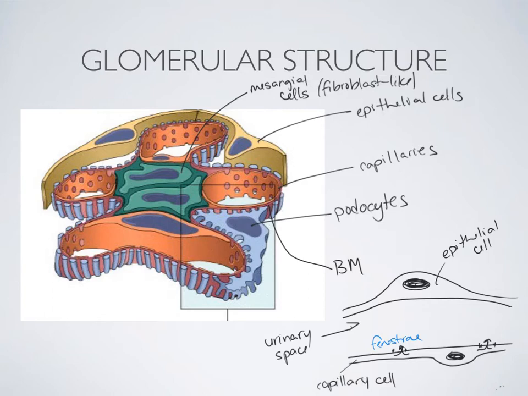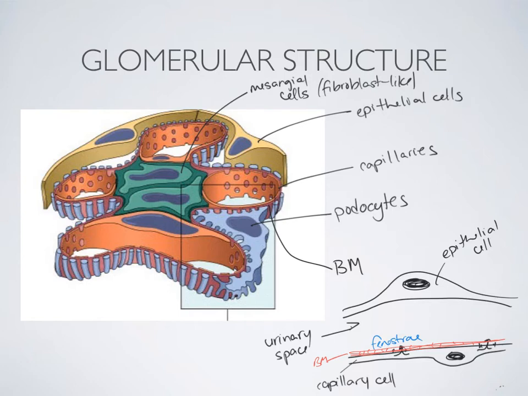And then the next layer, now we have that basement membrane. And the basement membrane is a specialized form of connective tissue. It's really like a meshwork of collagen and other support proteins. So there's no cells in there.